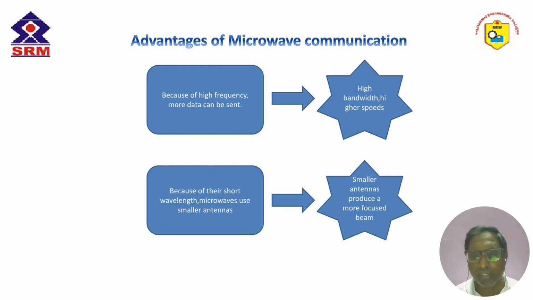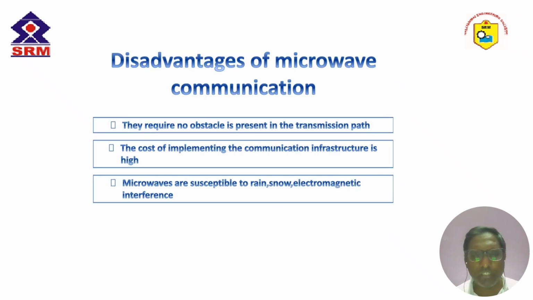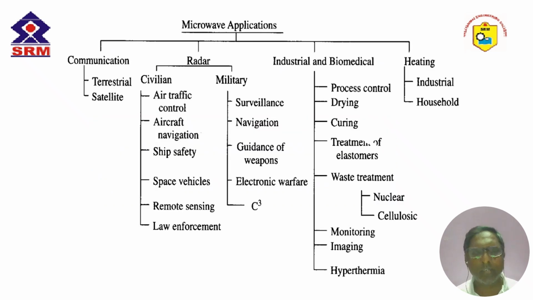Second, similar antennas produce a more focused beam. Because of that, short wavelength microwaves use smaller antennas. The disadvantages of microwave communication: they require that no obstacles are present in the transmission path. The cost of implementing the communication infrastructure is high. The last disadvantage is that microwaves are susceptible to rain, snow, and electromagnetic interference.